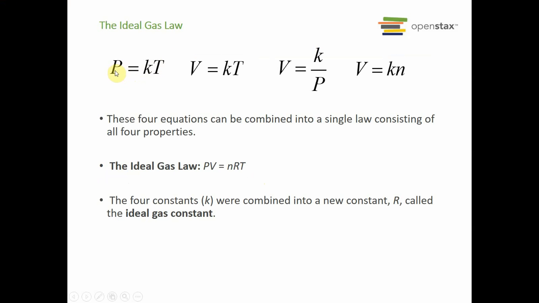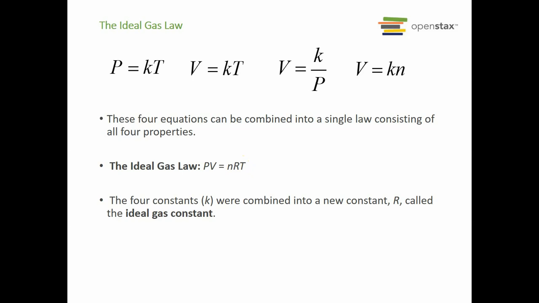So all these laws are squeezed together into what we call the ideal gas law. That's the product of the pressure times the volume is equal to the number of moles times the temperature times a constant called R. Now this one is a single constant that has a value.